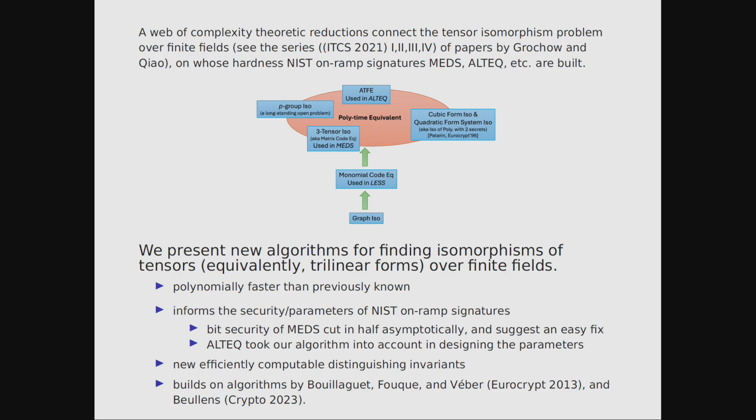All of us were part of the ALTEQ team, and we started this endeavor trying to understand how hard these problems are. The novelty is going to be some kind of invariant. It's much more complicated than Frobenius normal forms, but sadly much less discerning. So we'll only get exponential time algorithms, or sub-exponential, depending on how you see it.